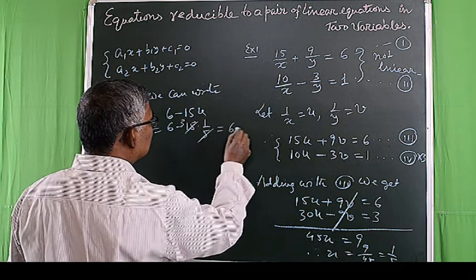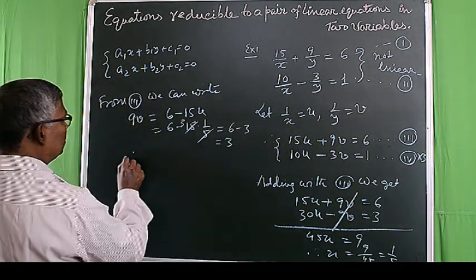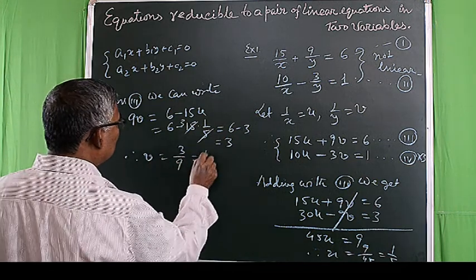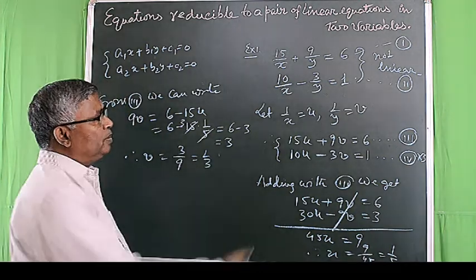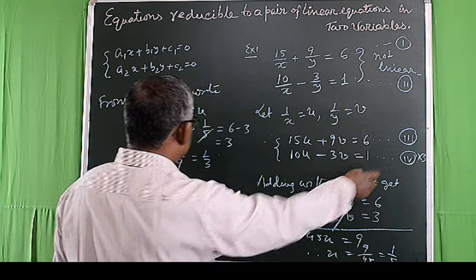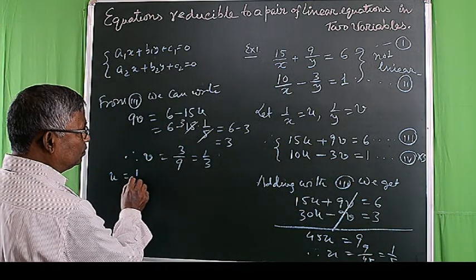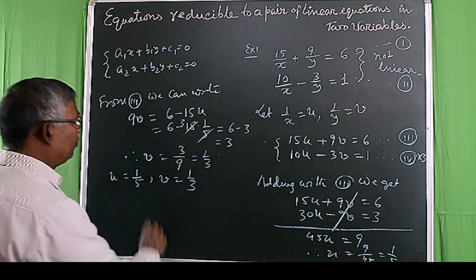That is 6 minus 3 equal to 3. Therefore, v equal to 3 by 9 equal to 1 by 3. Students, solving equation number 3 and 4, we get the value of u equal to 1 by 5 and v equal to 1 by 3.